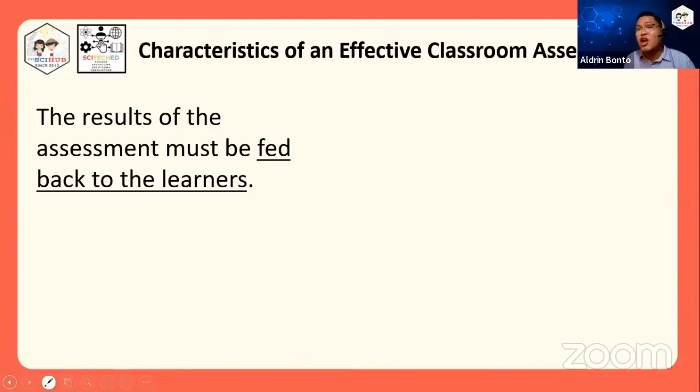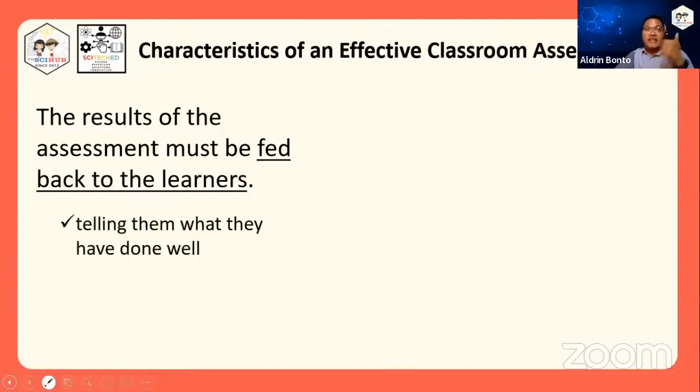Now the question is, what does 75 mean, 'di ba? Or after the long test, nababa yung score ng student. Let's say out of 50, he or she got, let's say 26. Ngayon from that number, we need to give a meaning. And that's the reason why we need to give feedback to students. So saan sila nahihirapan, ano pang lesson yung kailangan nilang i-improve, or what are the topics that they need to focus on.